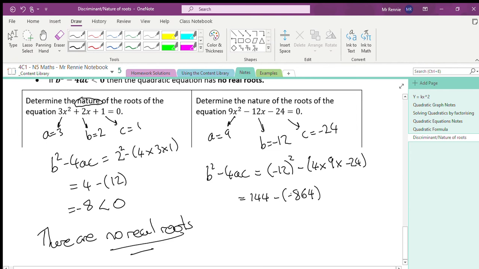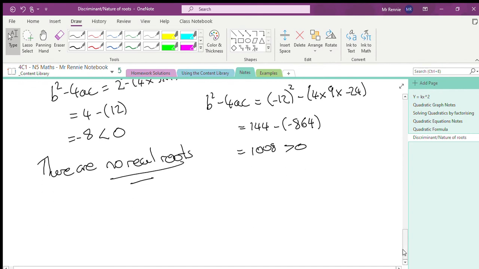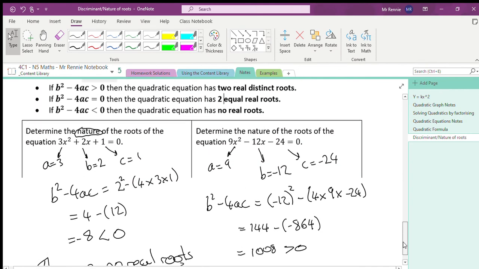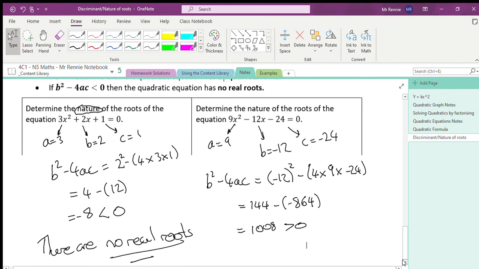Remember two negatives next to each other combine to make a positive, so we add these two together. That would give me 1008. However, all I'm really interested in is that this number is greater than 0. So if it's greater than 0, it means I have two real and distinct roots.